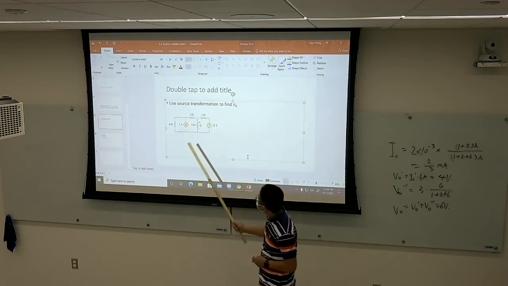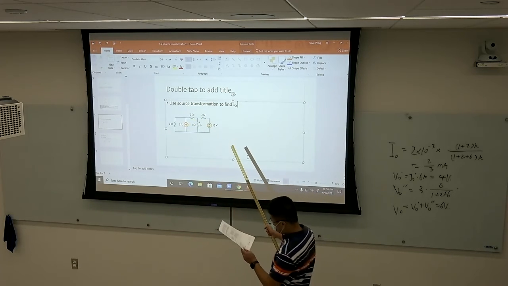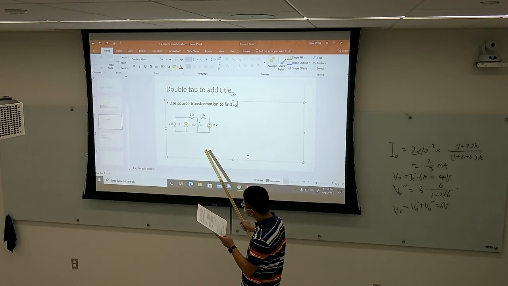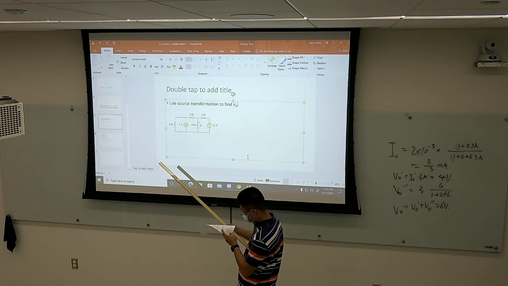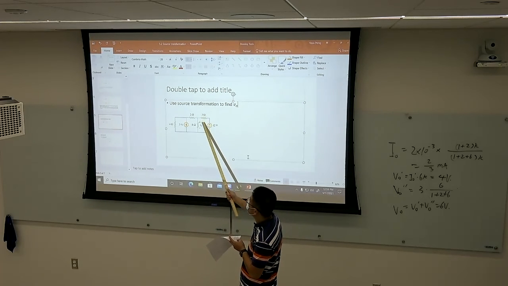And this one in series with the voltage source can be converted into a current source, which has a parallel resistor.